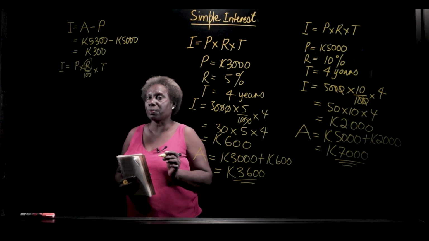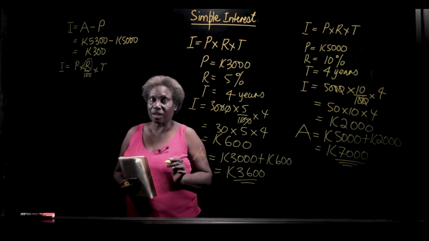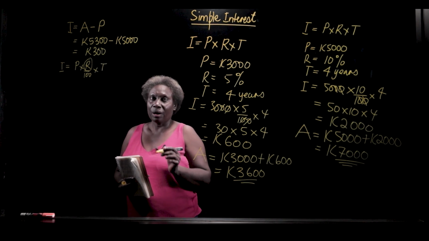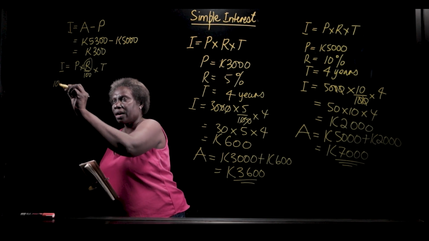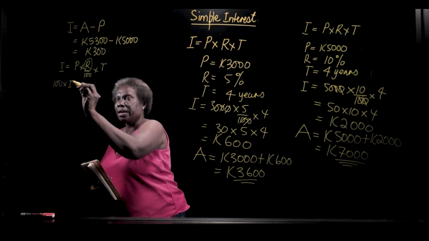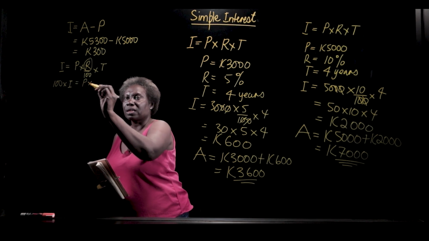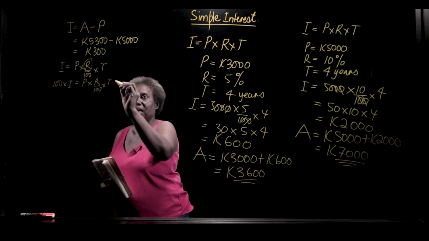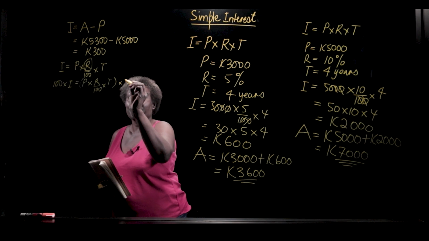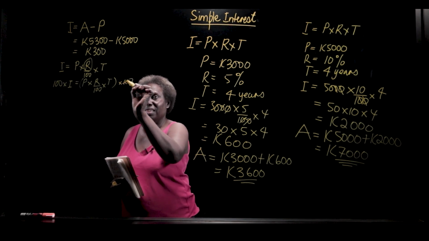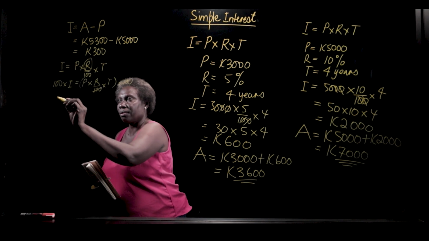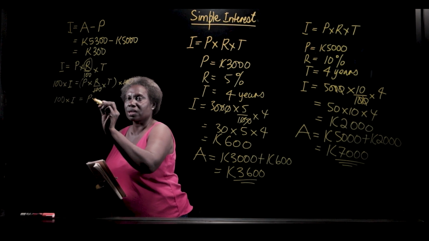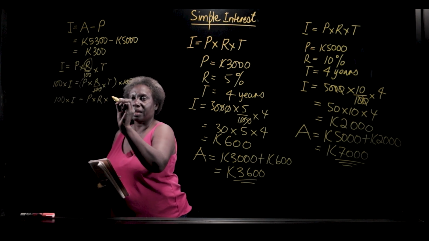Okay, we want to make R the subject. So what is the first thing that we are going to do? Multiply both sides of the equation by 100 because R is divided by 100. So we have 100 times I is equal to principal times rate over 100 times T multiplied by 100. Okay, this cancels out. So now we have 100 times I is equal to principal times rate times time.